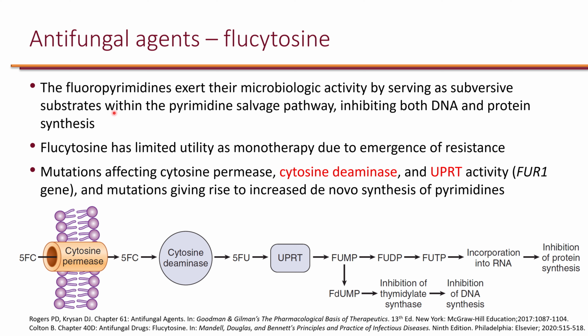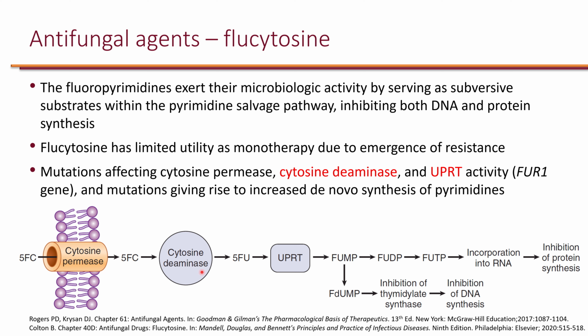Now, the next class is flucytosine. So flucytosine actually must first be taken up by fungal cells by the energy-dependent transporter cytosine permease. And then once in the fungal cytoplasm, flucytosine is readily deaminated to 5-fluorouracil by cytosine deaminase.